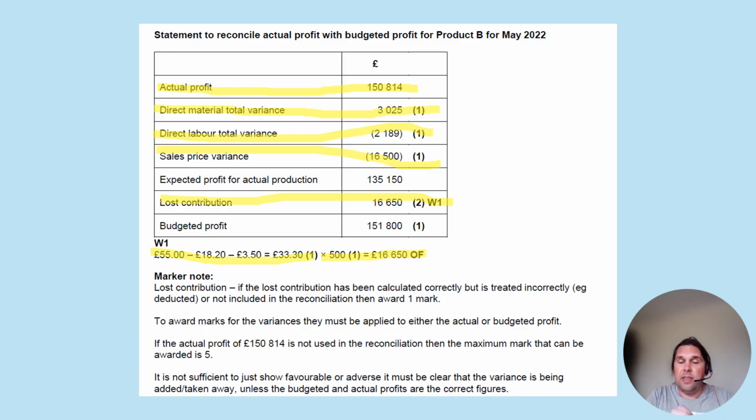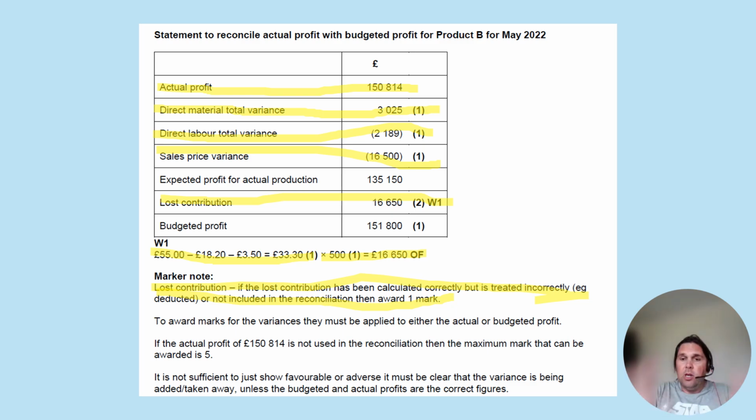So that's 16,650. If we add it back to get to budget profit, because we lost it, so budgeted profit was higher than we thought, because we thought we were going to sell more units than that. If we flipped it, if we went from budget to actual, it would obviously be different. We lost contribution. But if we treated it wrong, we only get 1 mark. Or if we've got the figure, but it's not in the reconciliation, we're only going to get 1 mark. We've shown we need to do it, we just don't know how to deal with it.